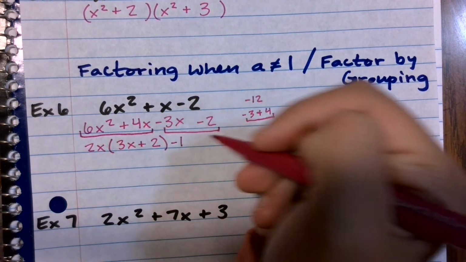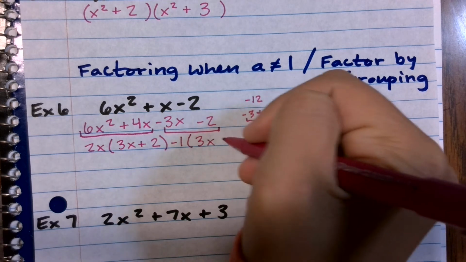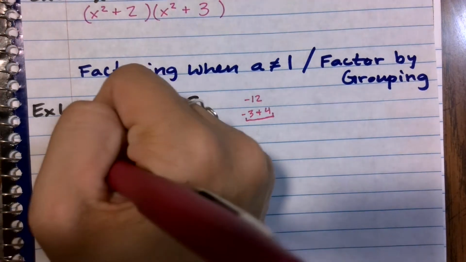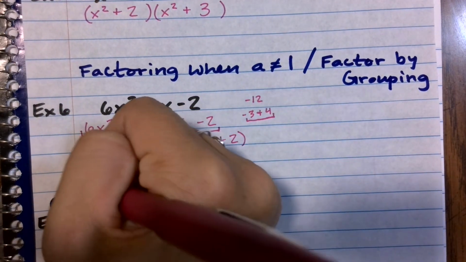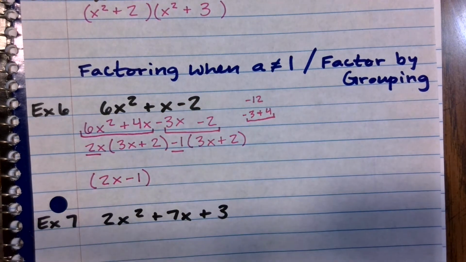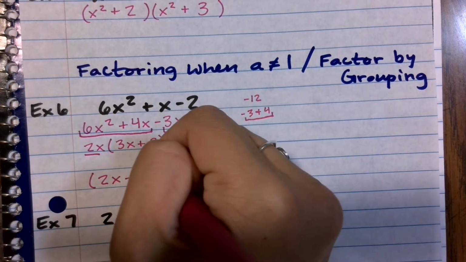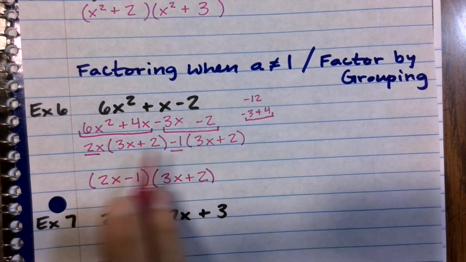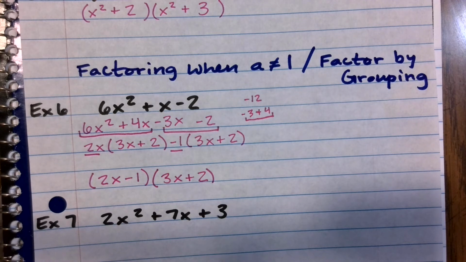So I'll factor out a negative 1. I'm left with a 3x plus 2. Okay. So then my two terms come from the part that's on the outside. So one of my factors will be 2x minus 1. My other factor comes from what is repeated. So it always has to be repeated. If you don't end up with it repeated, something has gone wrong, so you need to back up.